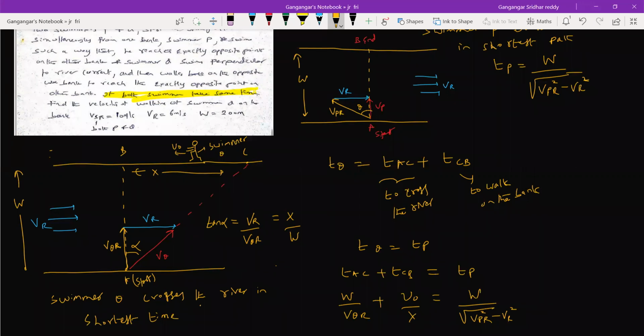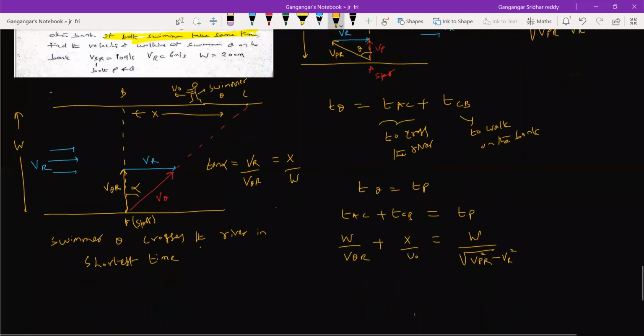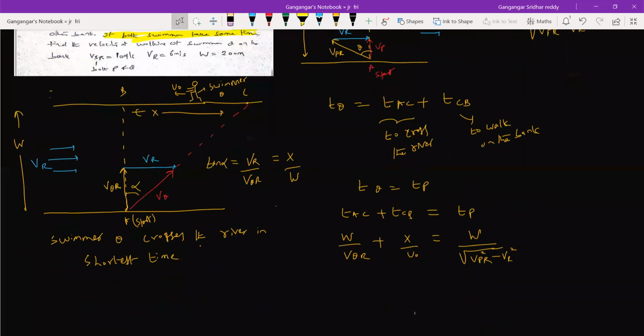Okay, substitute all these values. So we can replace X here, no? And this will be X by U naught, sorry. We don't know X, so replace X with this value. VQR is equal to VPR. So W by VQR, X is equal to VR W by VQR, and U naught W by so W will get eliminated.